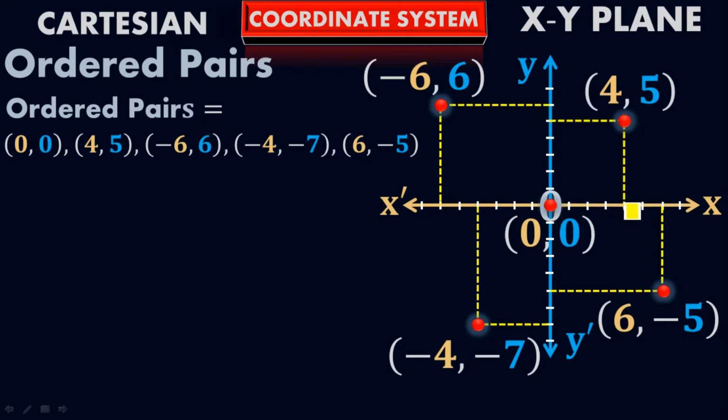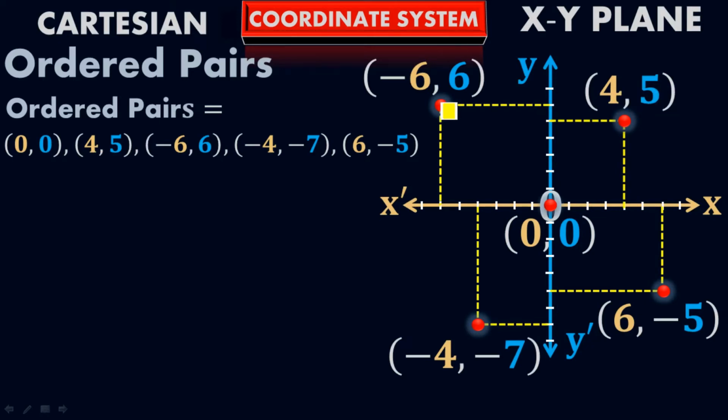This point is positive 4 along the x-axis and positive 5 along the y-axis: positive 1, 2, 3, 4, 5. So this is the point where the x value is positive 4 and the y value is positive 5, which is my second ordered pair. In this ordered pair, 4, 5, the x value is positive and the y value is positive.